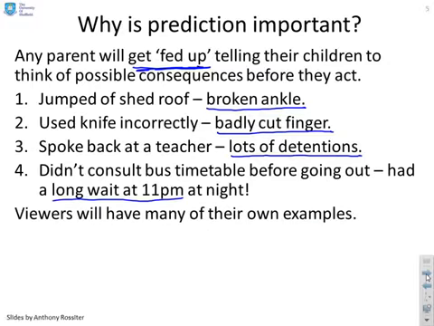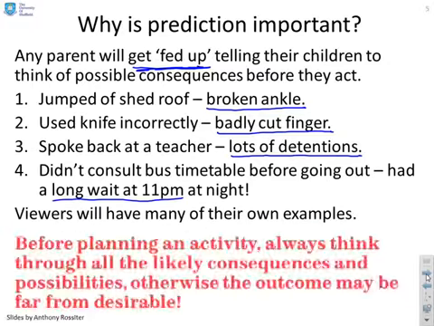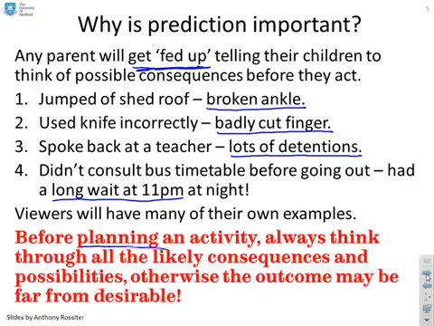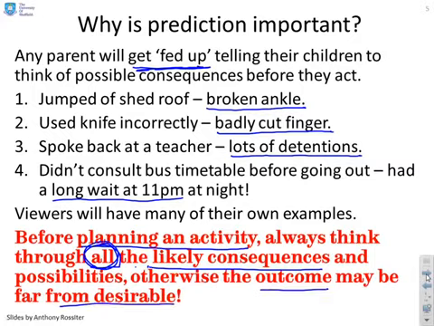Now, you will be able to come up with lots of your own examples, and the key thing here is before you plan an activity, you think through all, and that's a key word, all the likely consequences and possibilities, because if you haven't, the outcome may be far from desirable, because the outcome might be something that you hadn't really thought about.